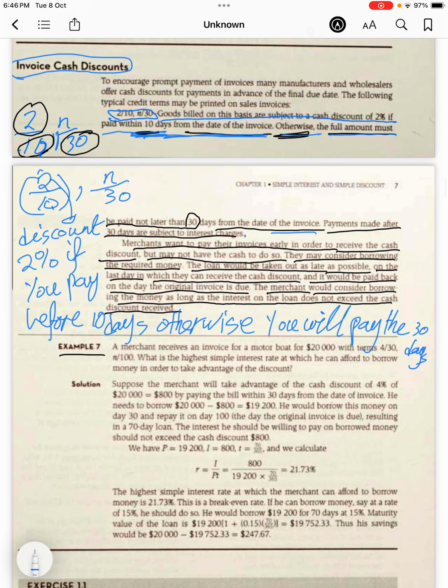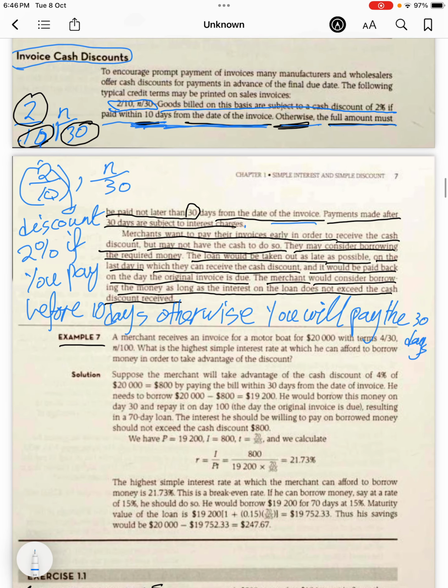Example number 7. Here, the merchant receives an invoice for a motor boat for $20,000 with terms 4/30, n/100, which means that you have a discount of 4% if you pay within 30 days.